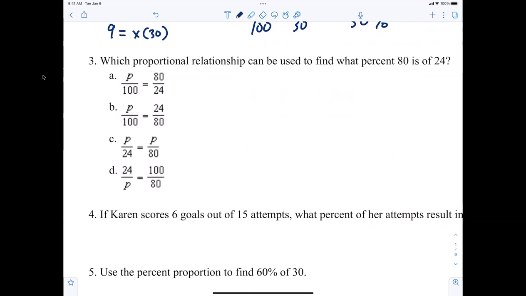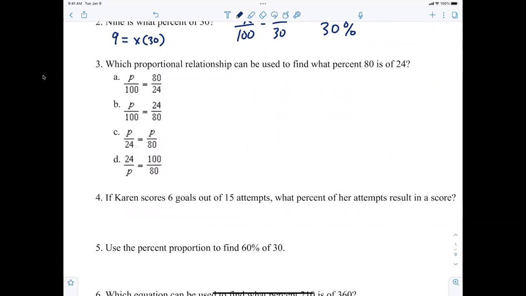Okay, so now Emily, you've got to help me out with number 3. Now I want you to write this down. Percent over 100 equals is over of. What percent are they talking about? They're asking for the percent, correct?